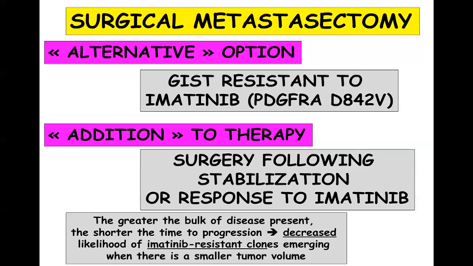The greater the bulk of disease present, the shorter the time to progression. There is a decreased likelihood of imatinib-resistant clones emerging when there is a smaller tumor volume.